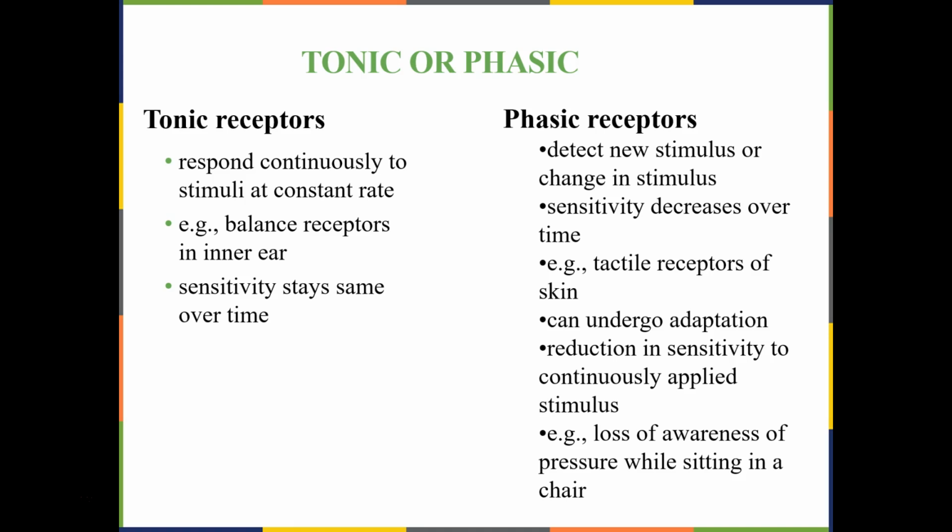That pressure that's on your butt is not super important. It's more important for you to focus on other things. But if this was something that was causing pain, pain can mean that your body is not in homeostasis and you need to fix something. So that's why tactile receptors are pain receptors, or pain receptors are always tactile, because you want to be able to respond to that pain and fix whatever's wrong.